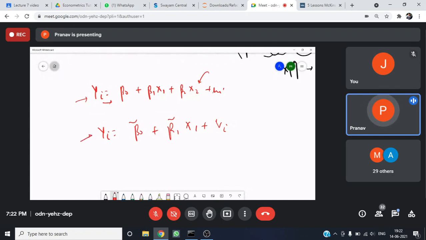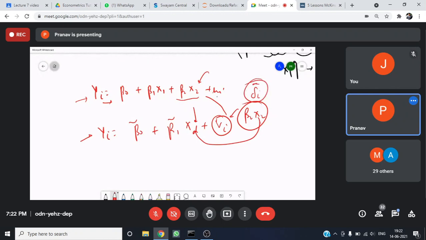And when the researcher, either due to the unobserved part or due to not being able to anticipate that x2 should be included explicitly, does not include this x2, this vi now contains this beta 2 x2. And if x2 and x1 are correlated, given by that delta 1 tilde, and if it is a relevant variable, it means the assumption that the expected value of ui conditional on the data matrix is equal to 0 does not hold. And it's a serious breakdown of the assumption.